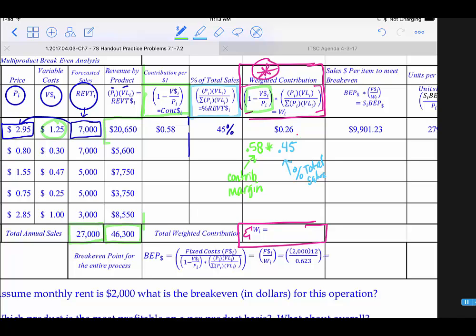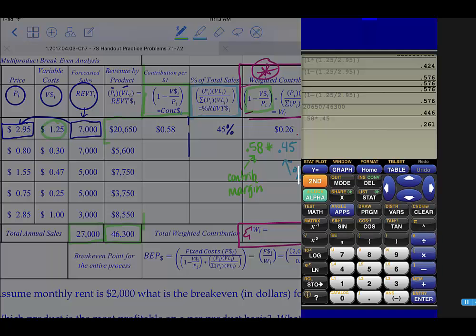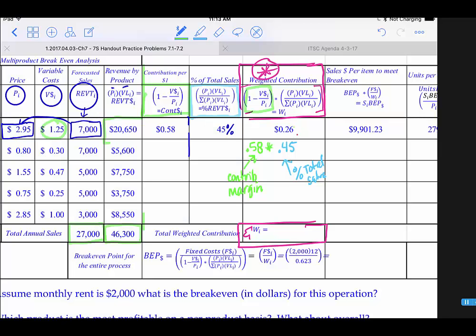When we multiply those two things out, we should get this 0.26. You can see I multiplied 0.58 times 0.45, and you get this 0.26. And that is our weighted contribution for the sandwich.